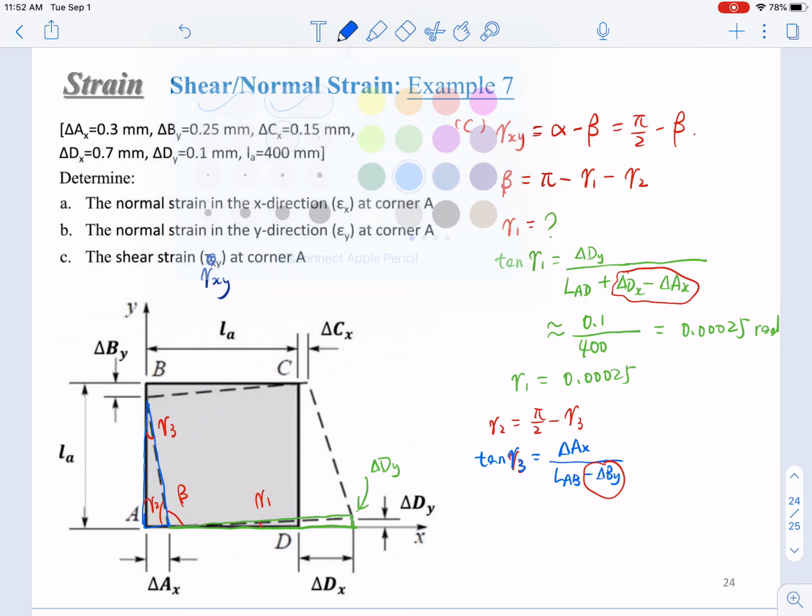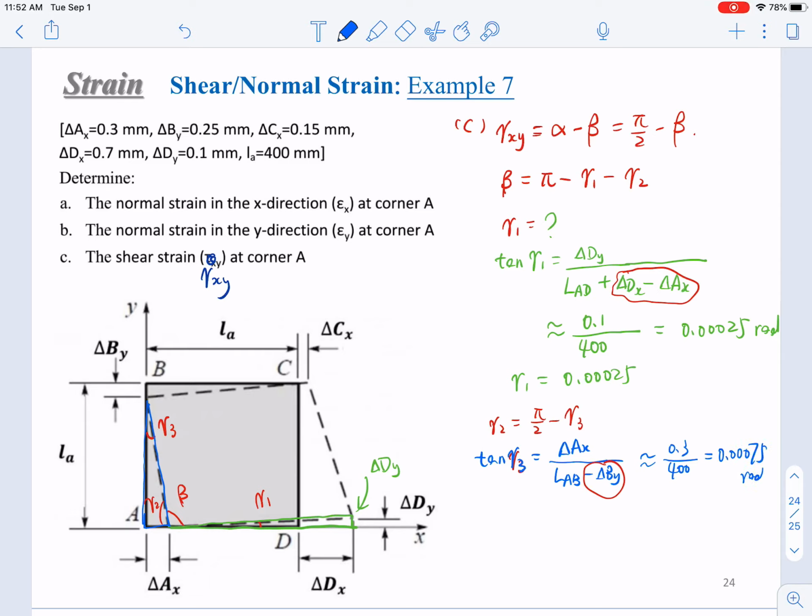Approximately, this would be 0.3 over 400, and that is 0.00075 radian. Again, this is a very small number, so we can assume that gamma 3 is 0.00075 radian.